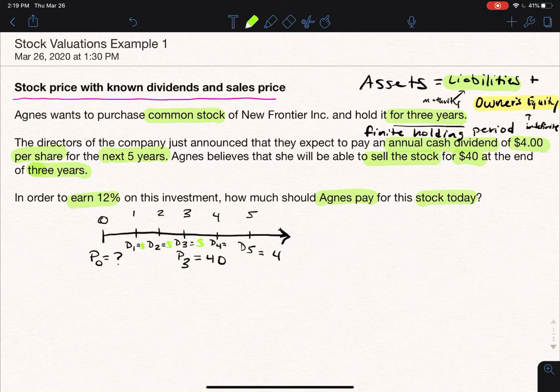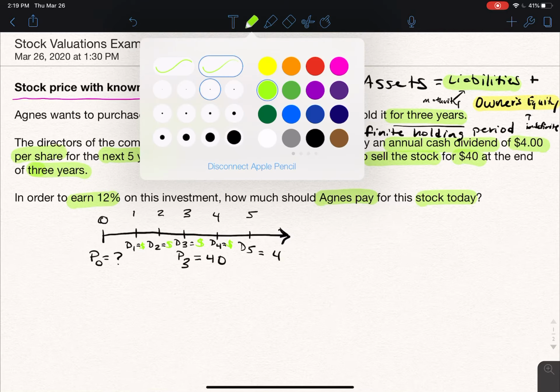So on a timeline, the question is how much should I pay for a stock today if the expectation is that I'm going to receive dividends annually? So these are annual dividends over the next 3 years, right? Let's not forget that.